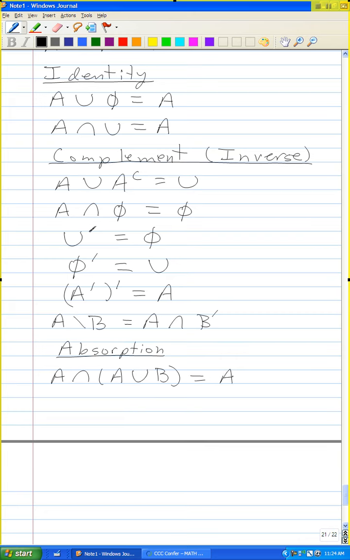Well, it's going to be A. And similarly, A union A intersect B will be A.